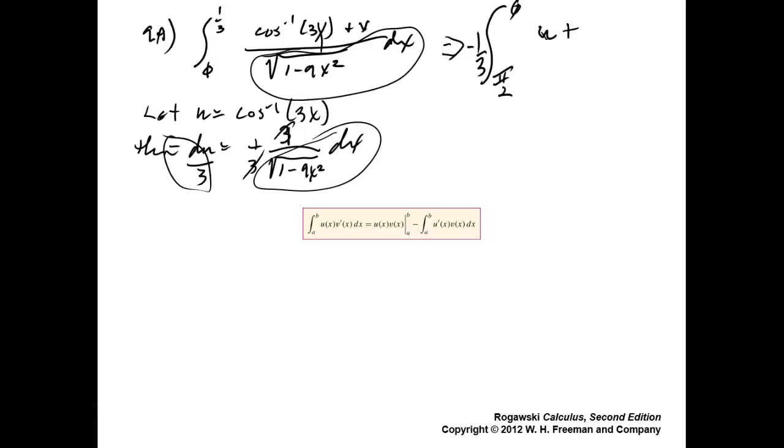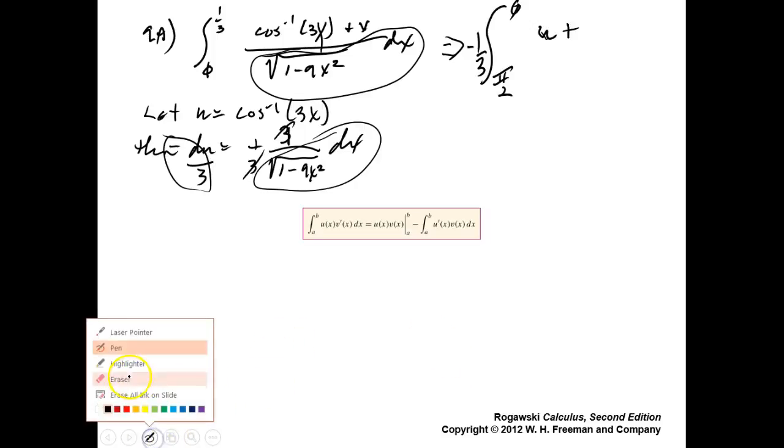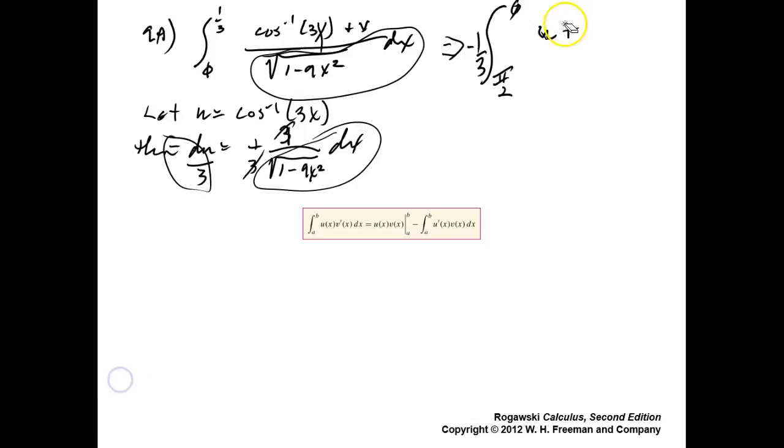I forgot about my plus x. Okay, we're just doing the first part. So let's forget about the plus x for now. We'll come back and pick that up in just a second.